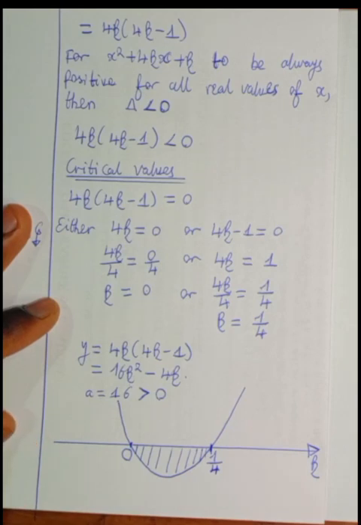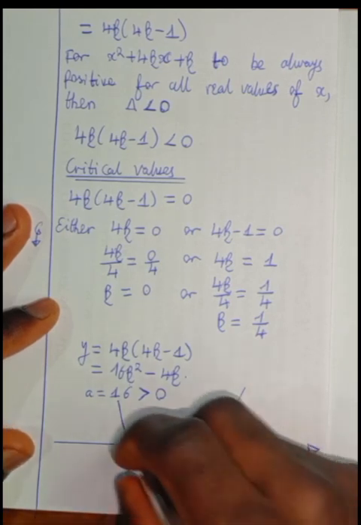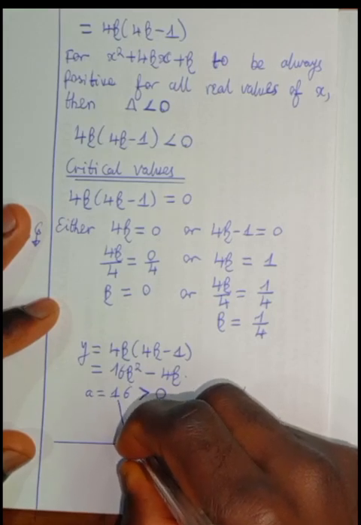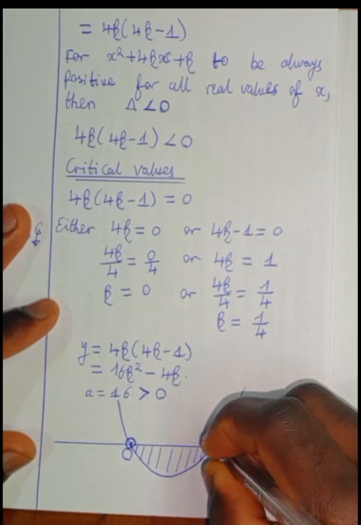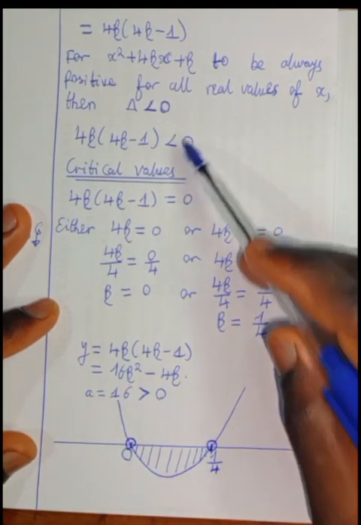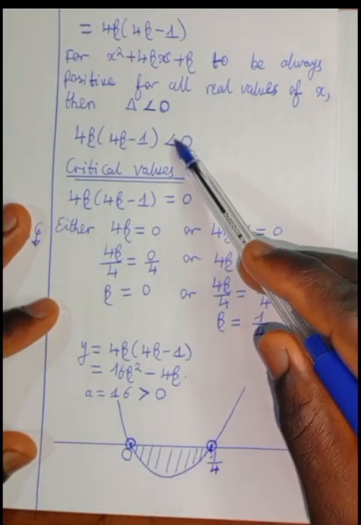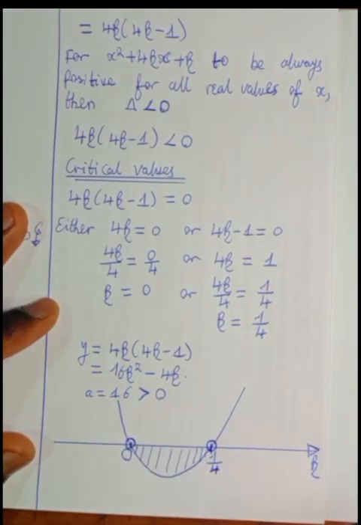It therefore means, here at 0, since they are the critical values, we have rings here. Draw the rings. Since it is strictly less than, the rings will be open. But if we had greater than or equal to, or less than or equal to, then the rings will be shaded.